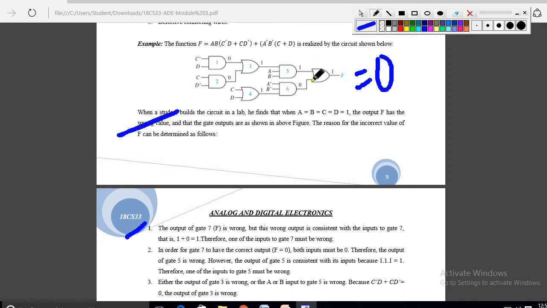So for the 7th gate, here it should be 0 and here it should be 0, then only will I get F as 0. For that case the output of gate 5 should be wrong, because the output of gate 6 should be 0. There is no problem with the 6th gate, but the 5th gate output is 1 and instead I need to get 0 here. For that reason this might be wrong.